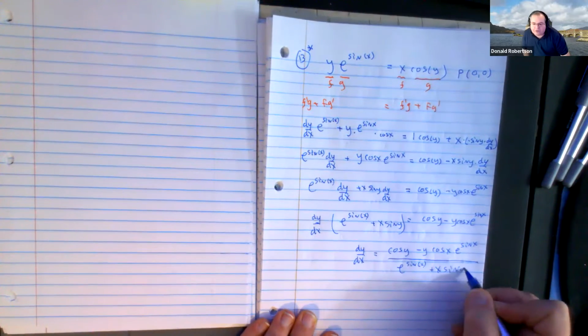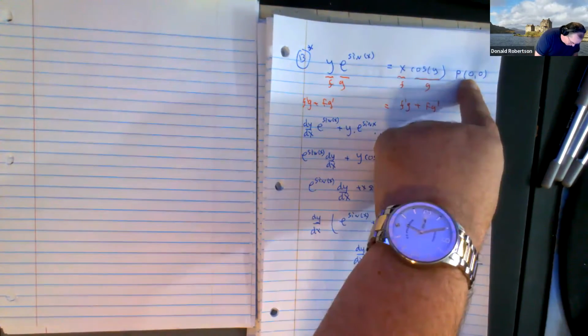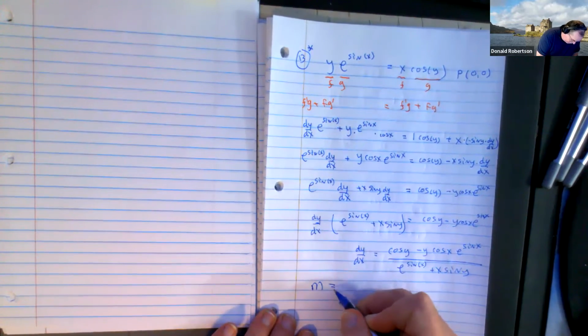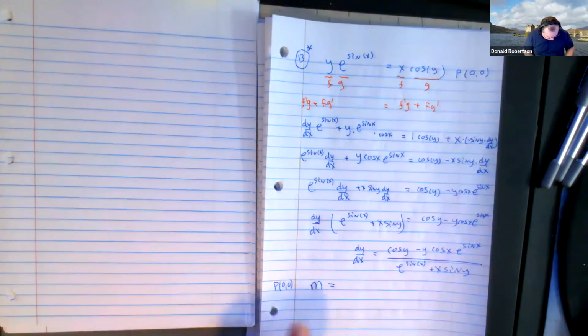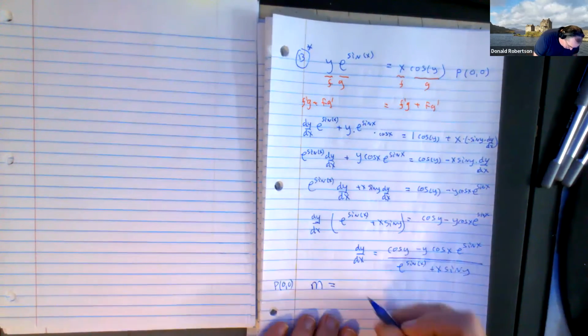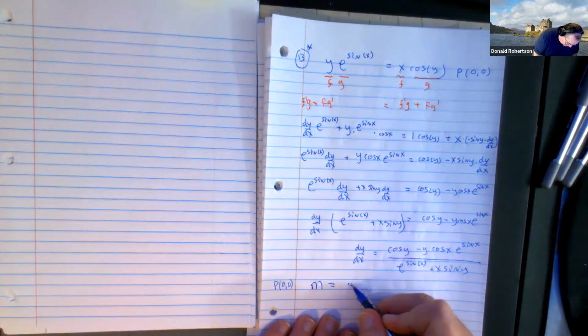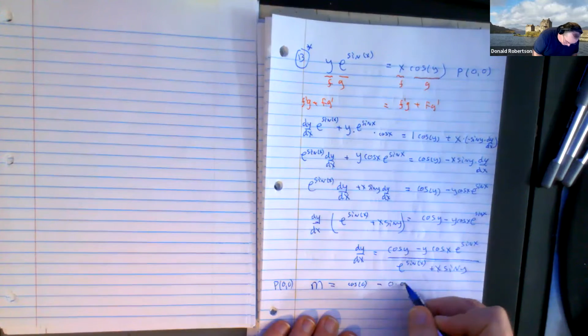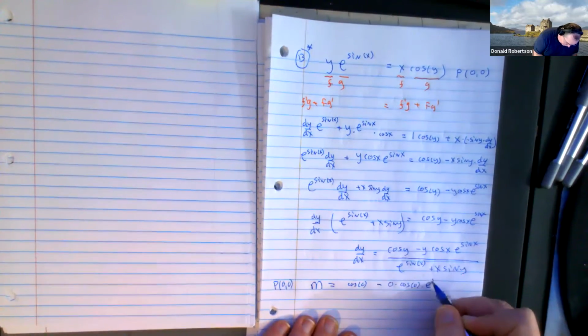Now we are interested in the equation of the tangent line at 0, 0. So I'm going to find that by plugging in x is 0 and y is 0 into here to find out what the slope would be. So it's going to be the cosine of 0, take away 0 times the cosine of 0 times e to the sine of 0.